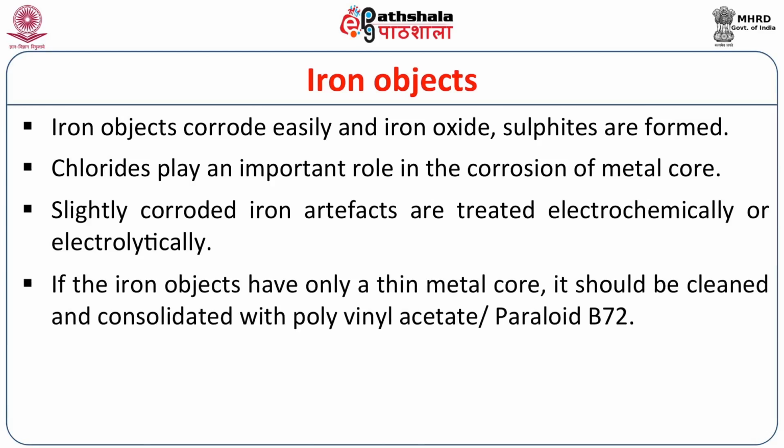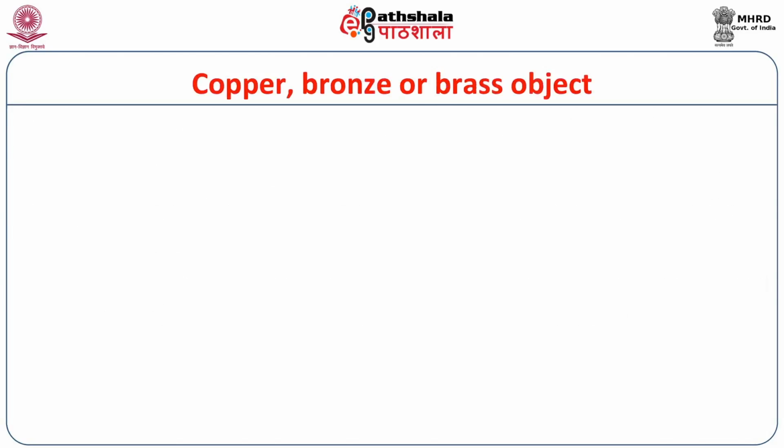If the iron object has only a thin metal core, it should be cleaned and consolidated with polyvinyl acetate or Paraloid B72. Next to iron, we come to metals like copper and its alloys, that is bronze and brass.